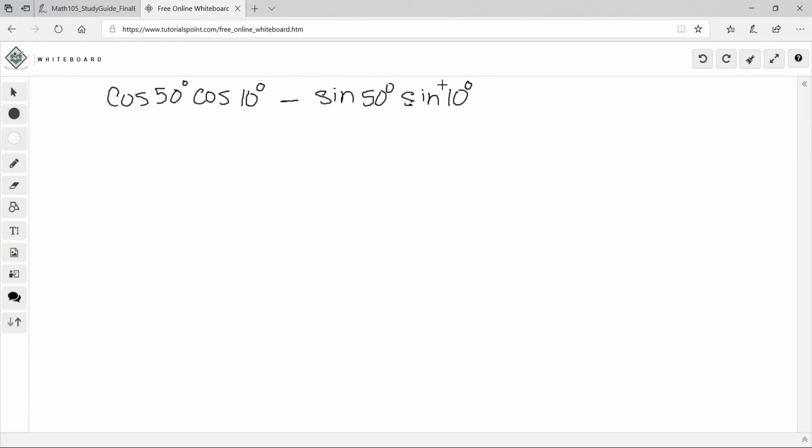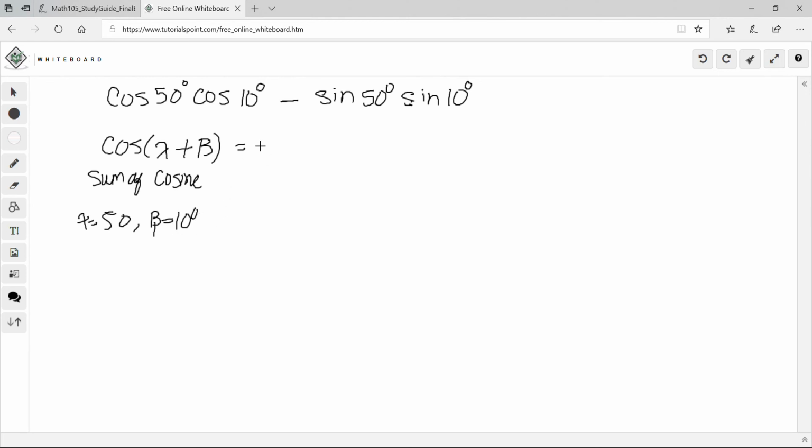So we're going to use this formula, cosine of alpha plus beta. It's pretty much the sum of cosine. We'll call alpha 50 degrees and then beta 10 degrees.